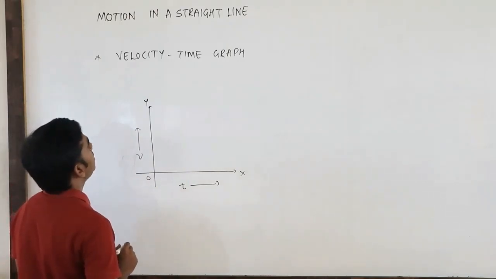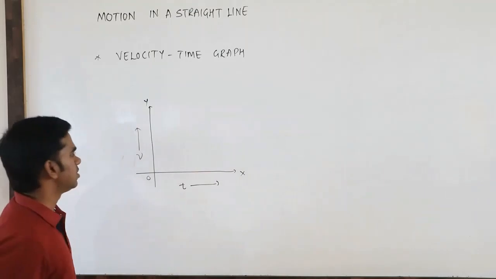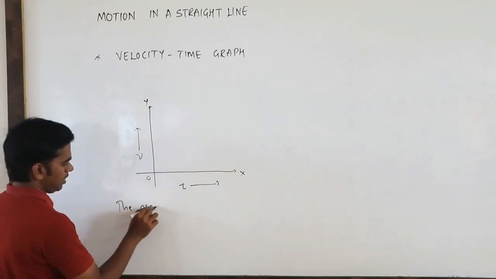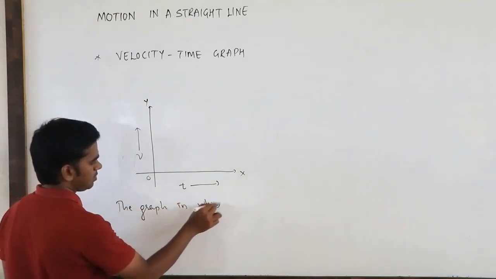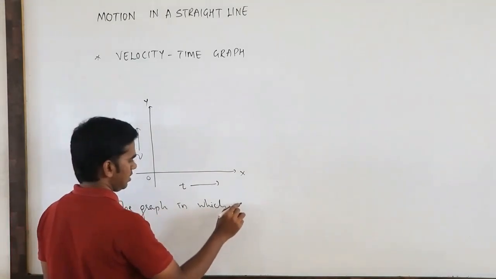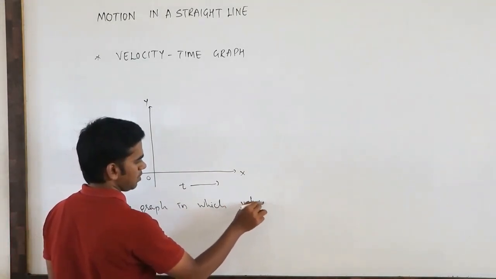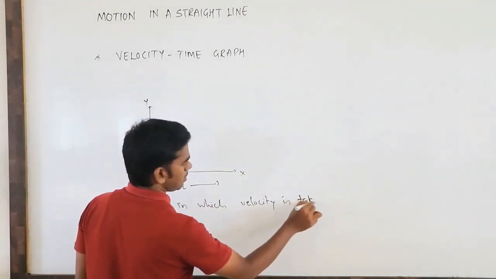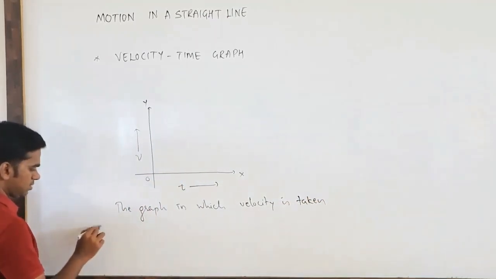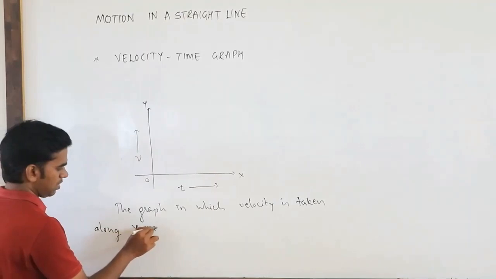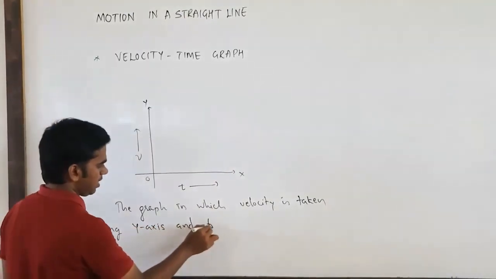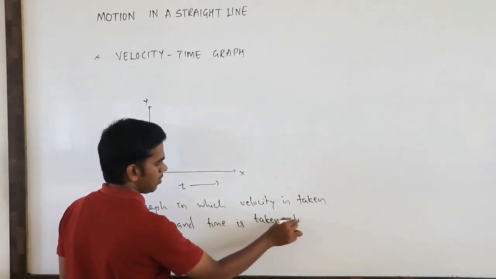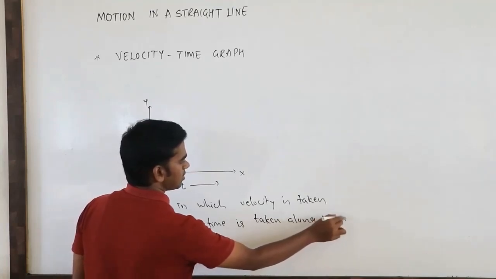So how can we define the velocity time graph for your theory exam purpose? The graph in which velocity is taken along the y-axis and time is taken along the x-axis.